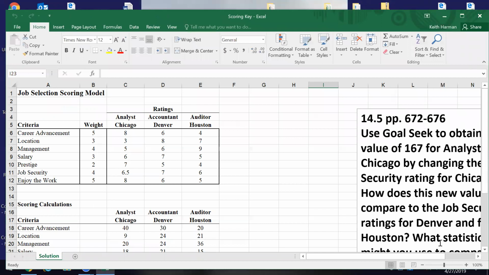And I have the instructions for us here. And we'll pull them over this way.